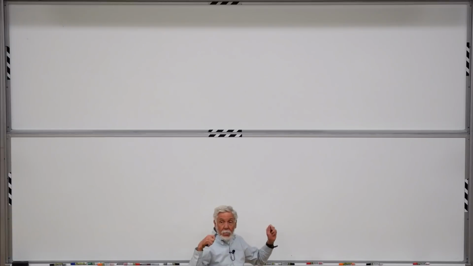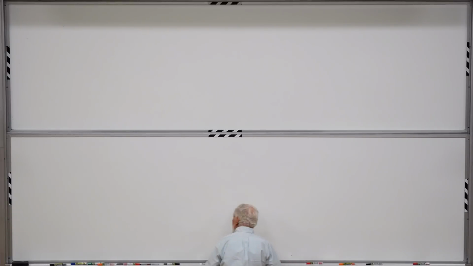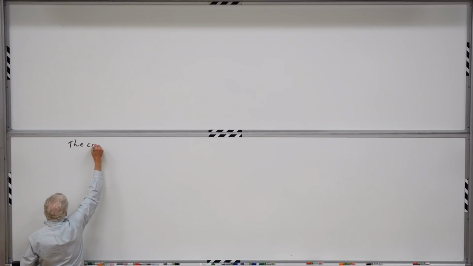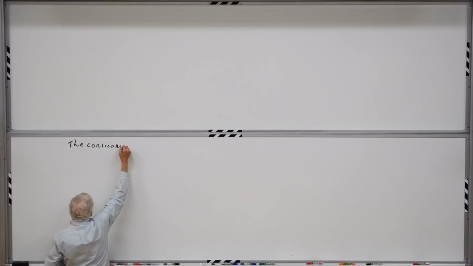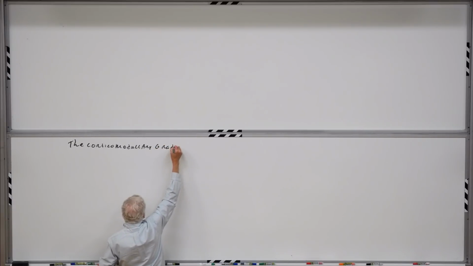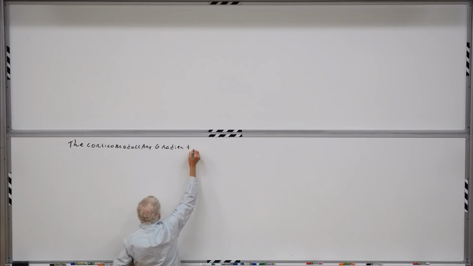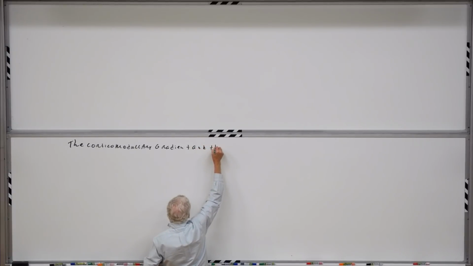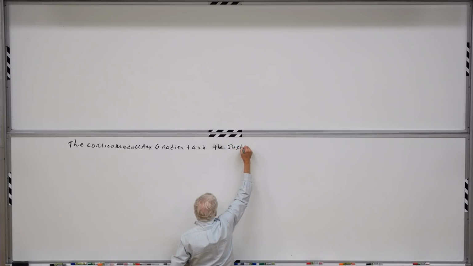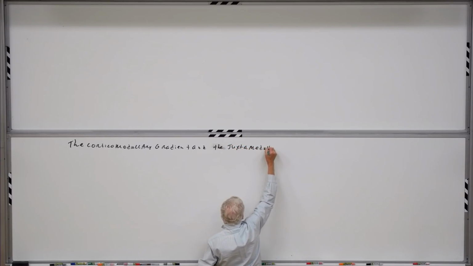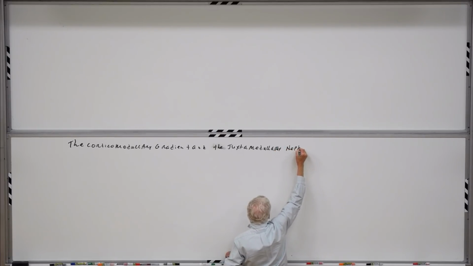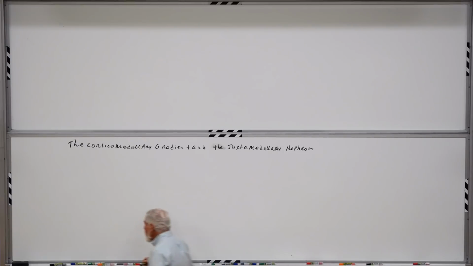Anything else? Well, let's draw this as the corticomedullary gradient and the juxtamedullary nephron.